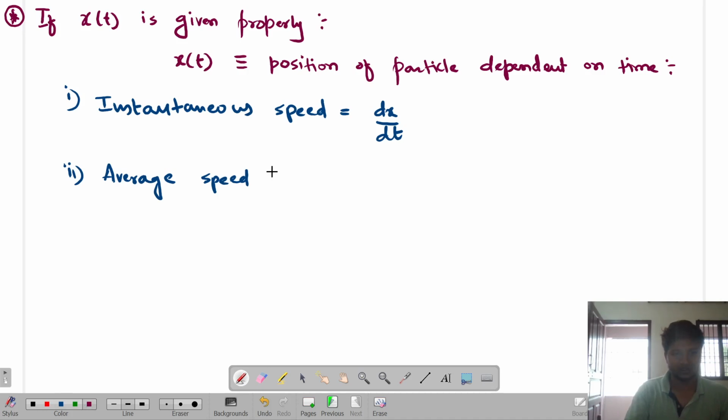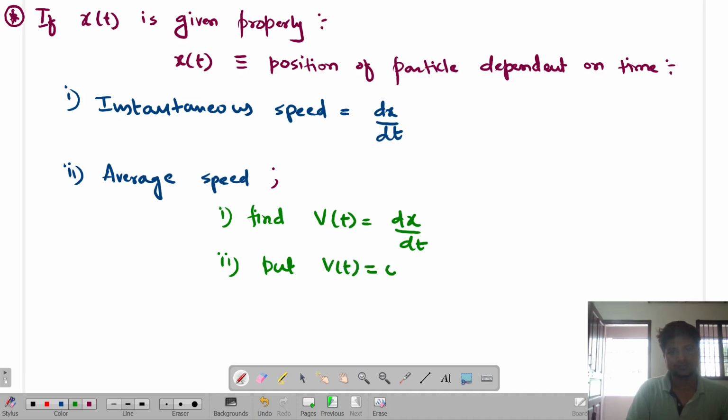So if x of t is given, how to find average speed? The first part is to find velocity dependent on time, which is nothing but dx by dt. Second, put velocity dependent on time equal to 0 and find the turning point.